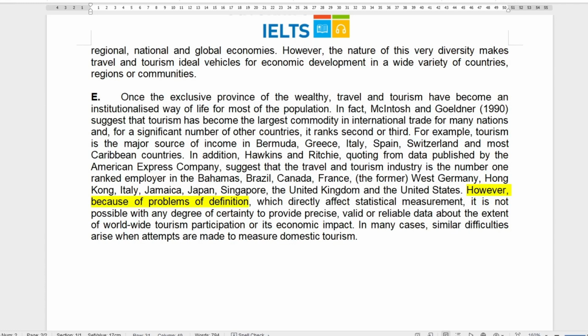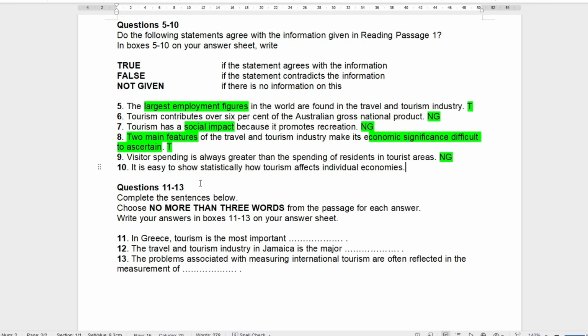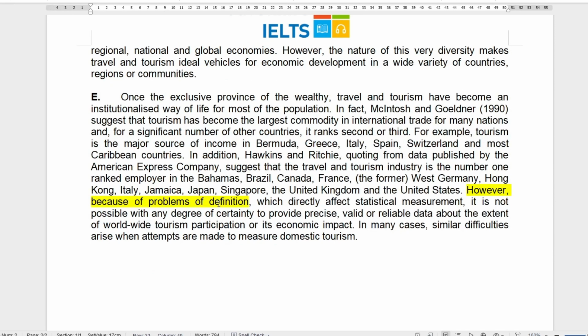However, because of problems of definition, which directly affects statistical measurement, it is not possible with any degree of certainty to provide precise, valid, or reliable data about the extent of worldwide tourism participation or its economic impact. So that's pretty much what it is.